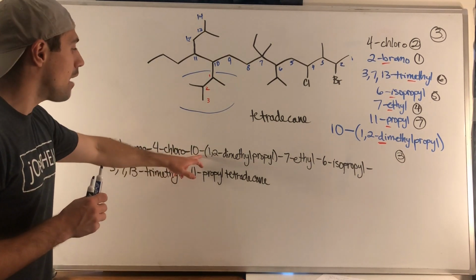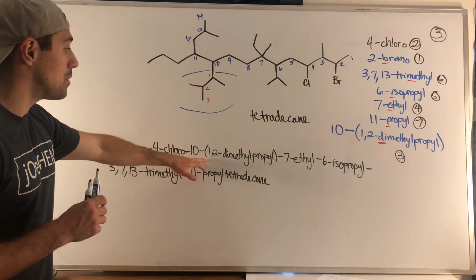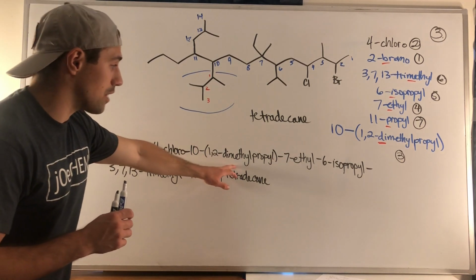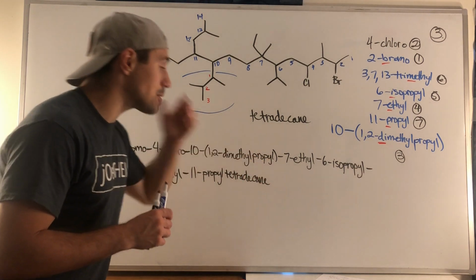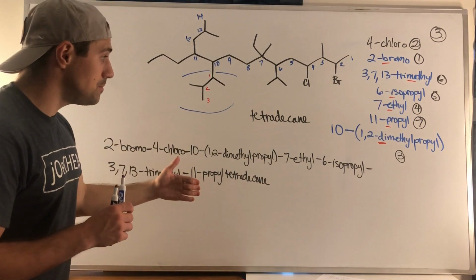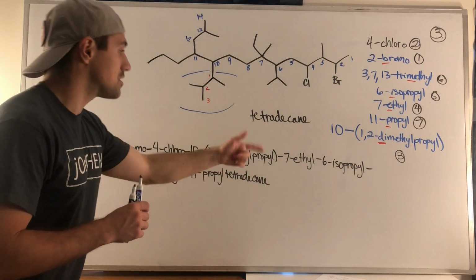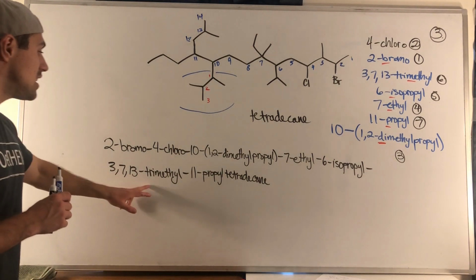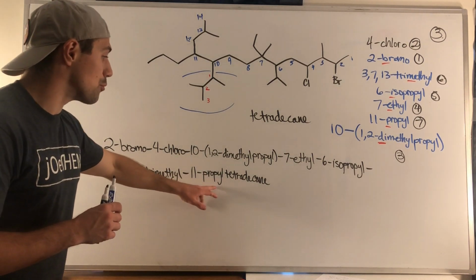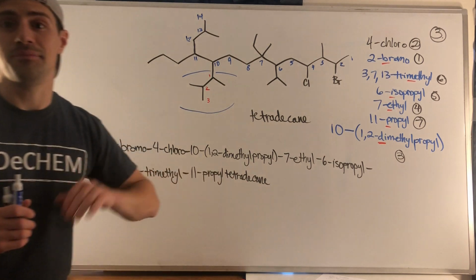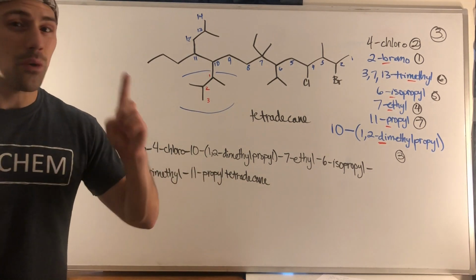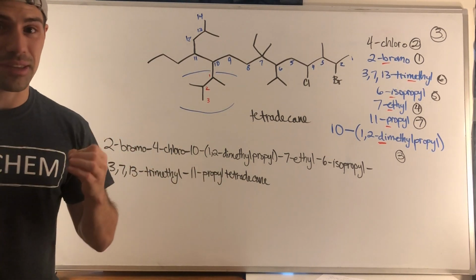So of course we do 10 hyphen, first opening parenthesis, 1, 2 dimethyl propyl, and parenthesis, hyphen, 7 ethyl, 6 isopropyl, 3, 7, 13 trimethyl, 11 propyl. Run it all together with tetradecane. I know this has been a long solutions video. We got one more to go, just stick with me.